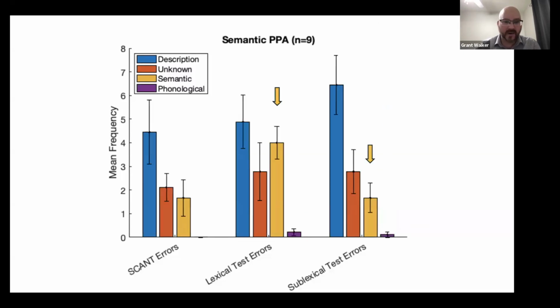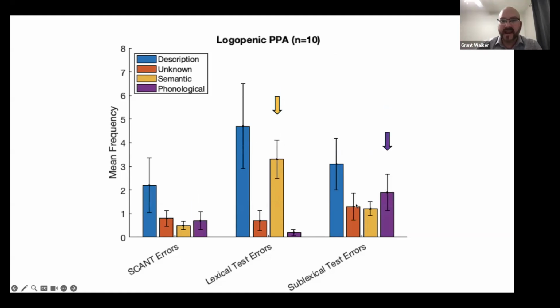The semantic folks, likewise, are making more semantic errors, if you ignore the description and unknown ones, which are obviously much more common in this group. But between the two, semantic or phonological, for the semantic PPA this is a characteristic error type that persists beyond this manipulation. And interestingly, the logopenic folks show a high level of sensitivity as a group. They make more semantic errors on the lexical test and more phonological errors on the sublexical test.